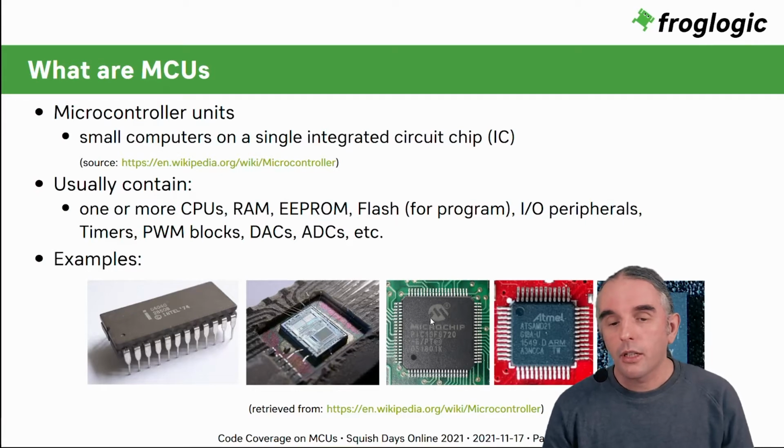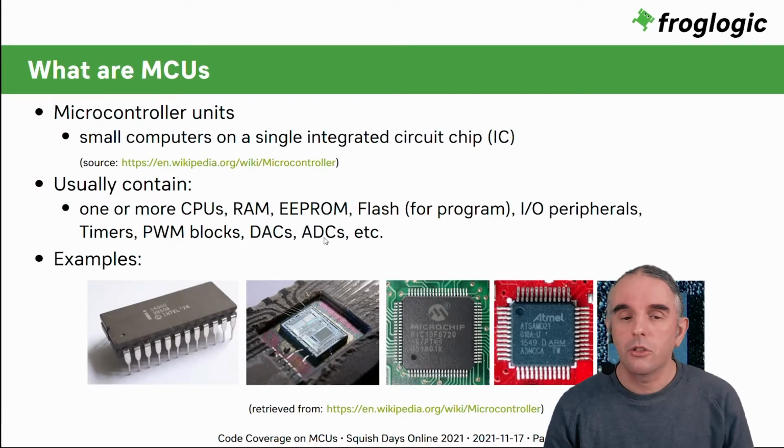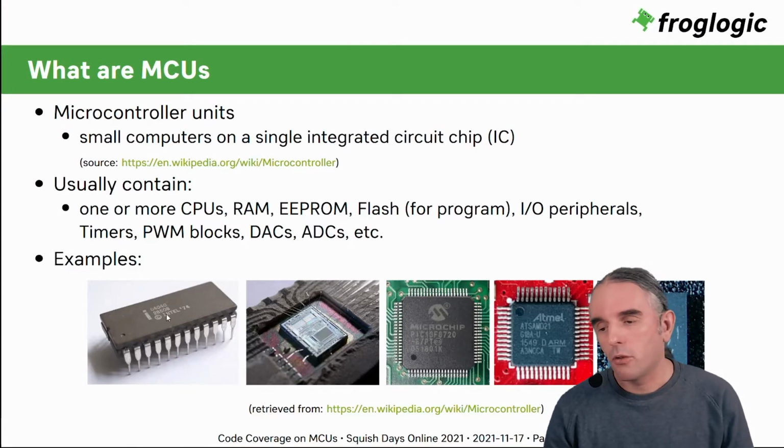You can also then have other peripherals here, like ADCs, or digital to analog and analog to digital converters, and many other peripherals, or what is needed for controlling some external hardware or some mechanical devices. And that's what microcontrollers are doing.